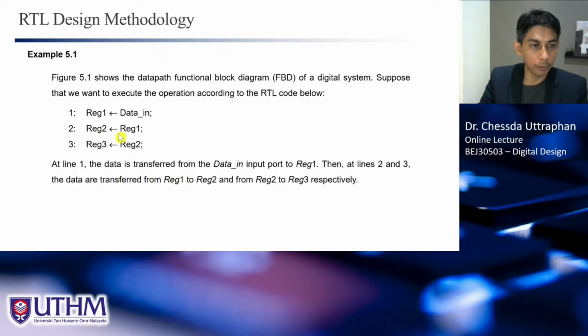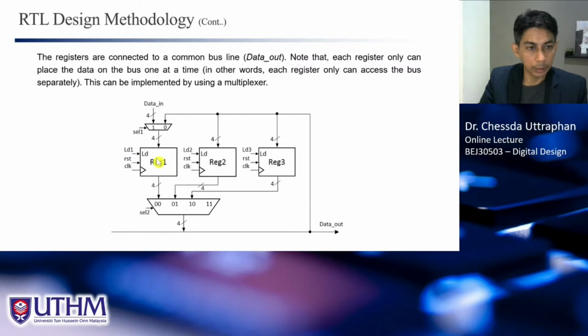And next, what we want to do is transfer again from this register into the second register. It means that we want to transfer the data that is in reg1 to this register.